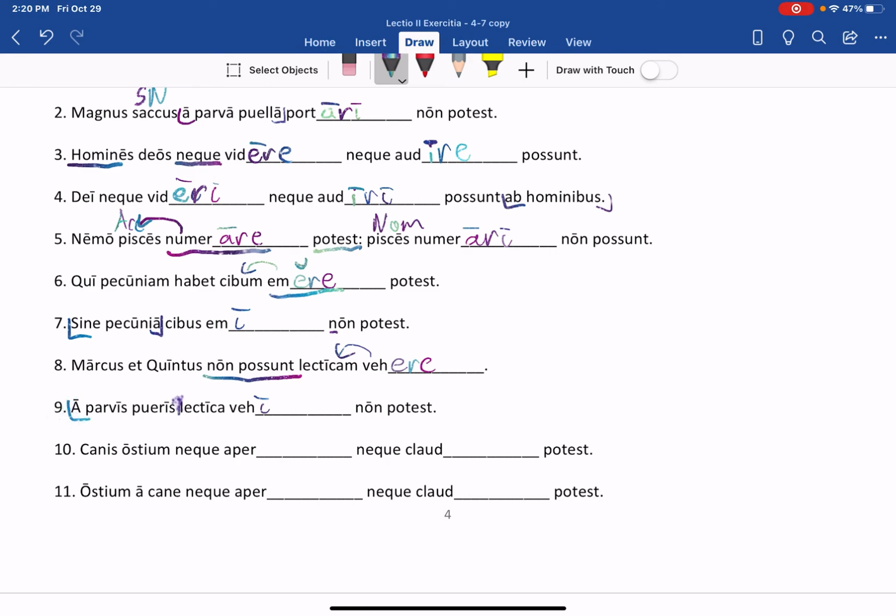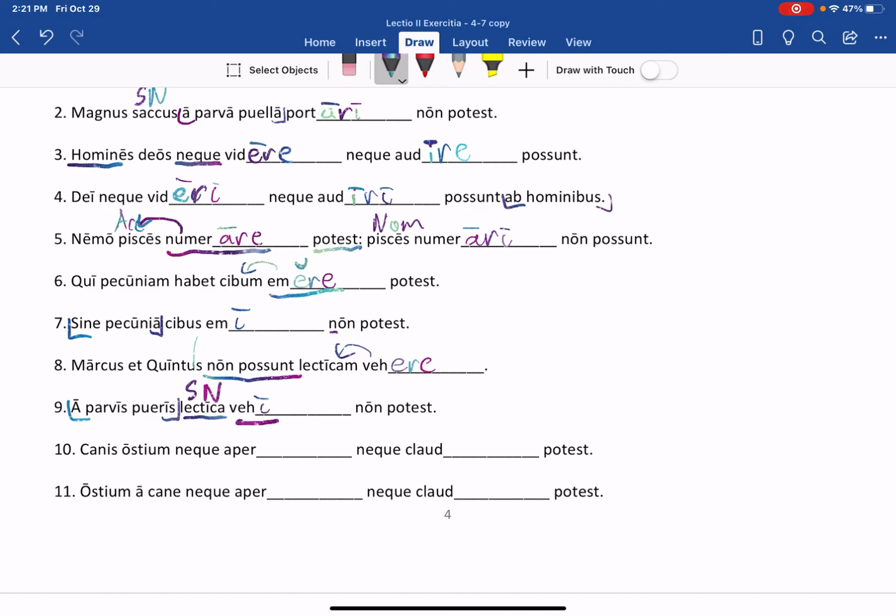By the small boys, so we're expecting a passive infinitive, the lectica, which is our subject, is not able to be carried, vehi. Again, that's a third conjugation verb, vehere, so it becomes vehi instead of veheri when it's passive. So vehi means to be carried.